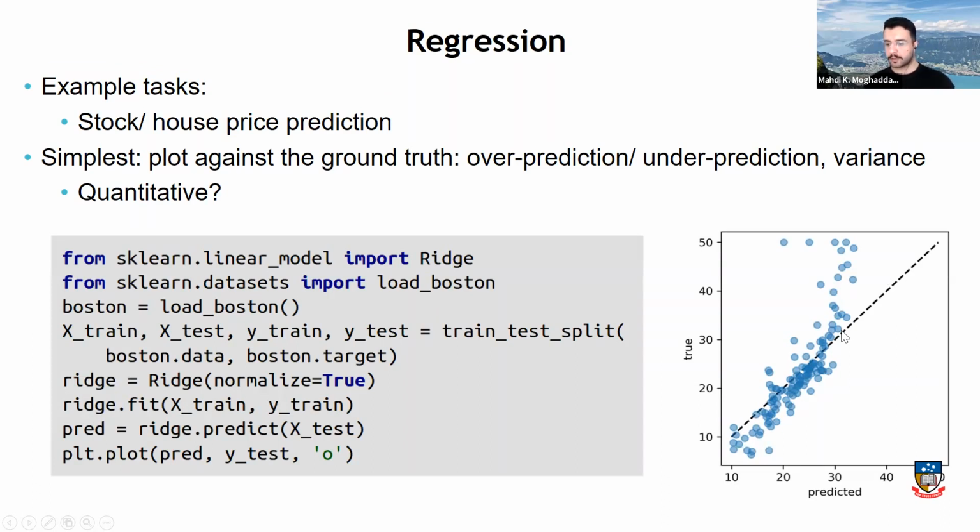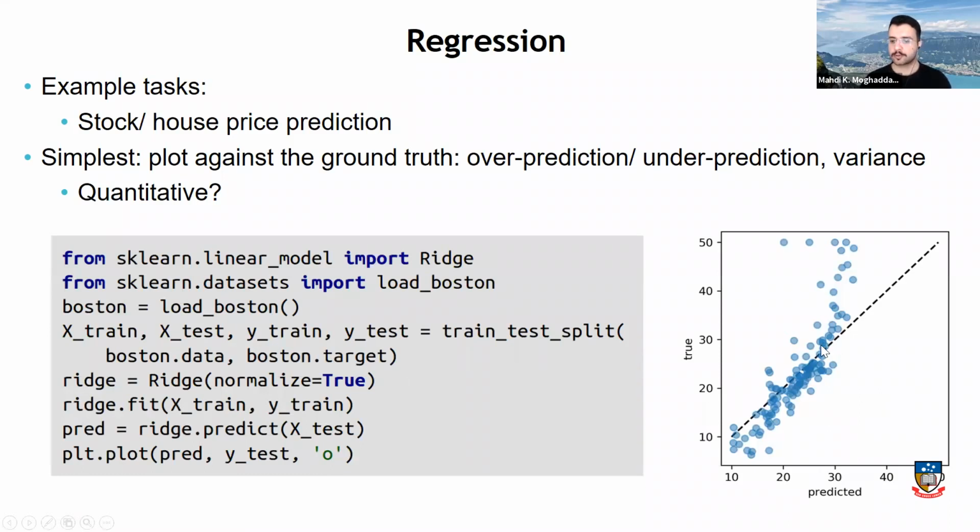So that's the idea, right? If your ground truth value is 30, ideally you want to predict 30. And if that's the case, then it means that you have a line of y equals x with a slope of 1. There might sometimes be biases in your data set, that's fine, but the slope is very important.